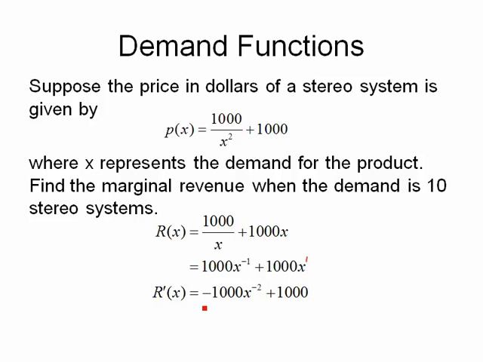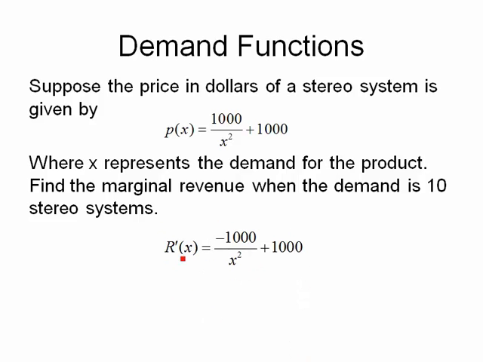My derivative is minus 1,000 x to the minus 2, plus 1,000. I can rewrite that by putting the x to the minus 2 back downstairs, and in that case I get minus 1,000 over x squared plus 1,000.